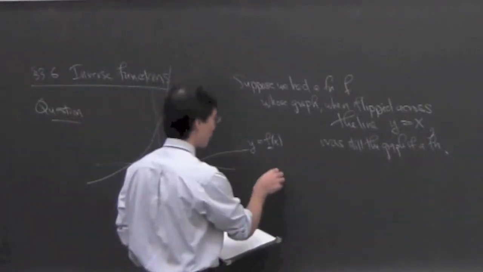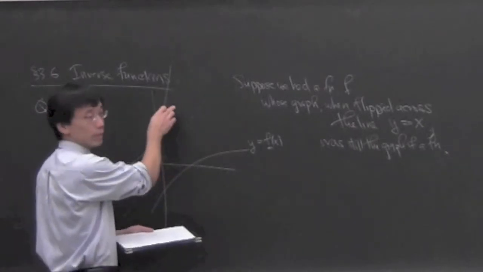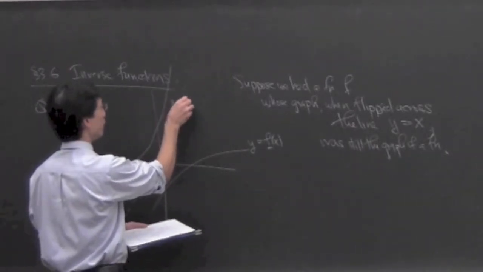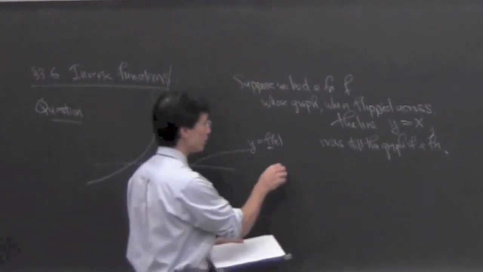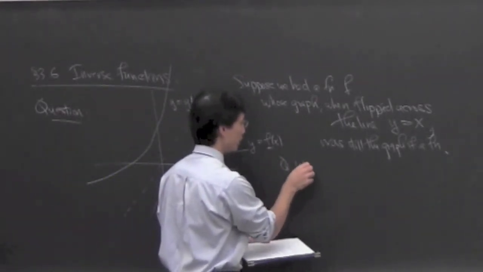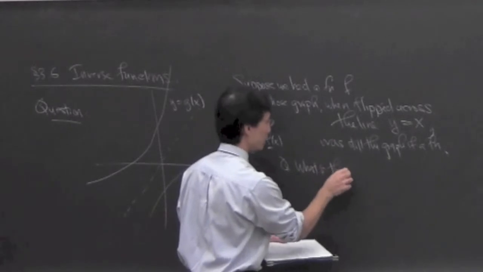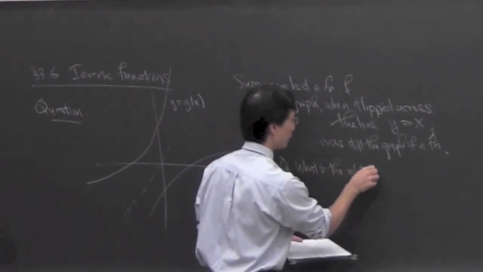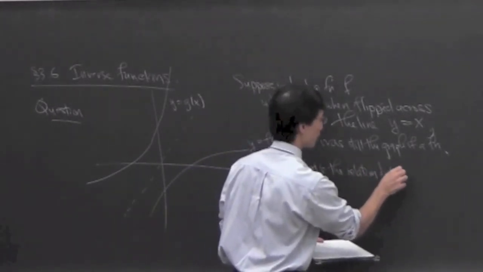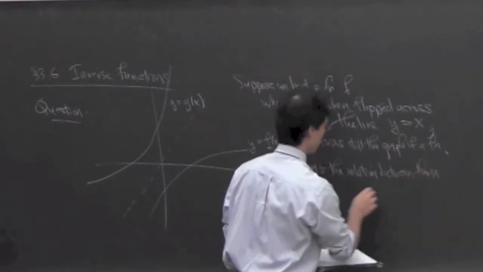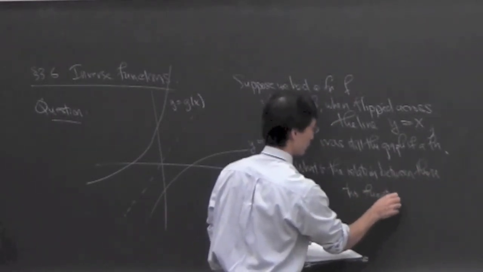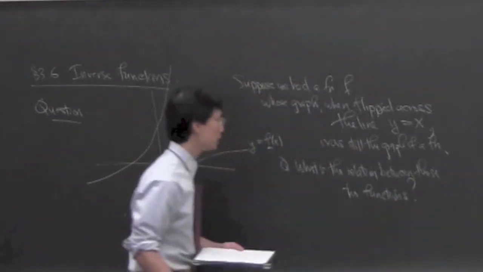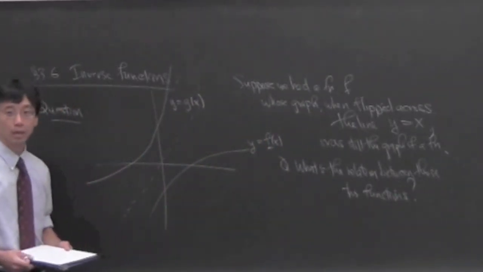So this is the graph of some other function. What's the relation between these two functions?